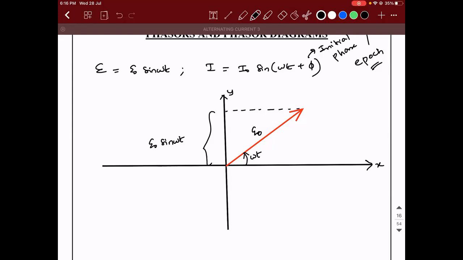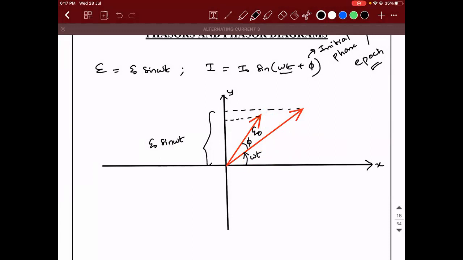But I naught, what is happening? In addition to making a rotation of omega t, it is making an additional rotation of phi. Means if I start here, at omega t they will coincide, but apart from omega t it is taking an extra turn also. This angle I will call phi.